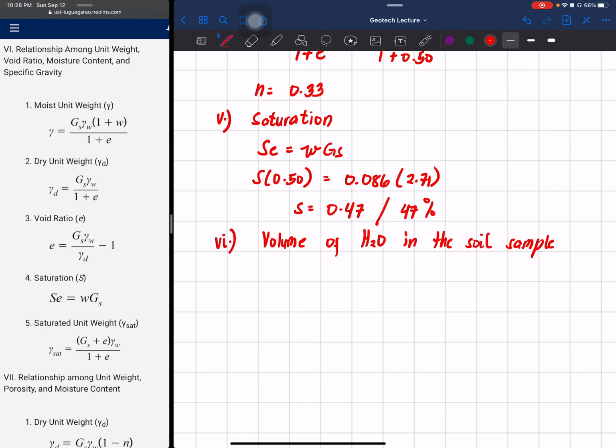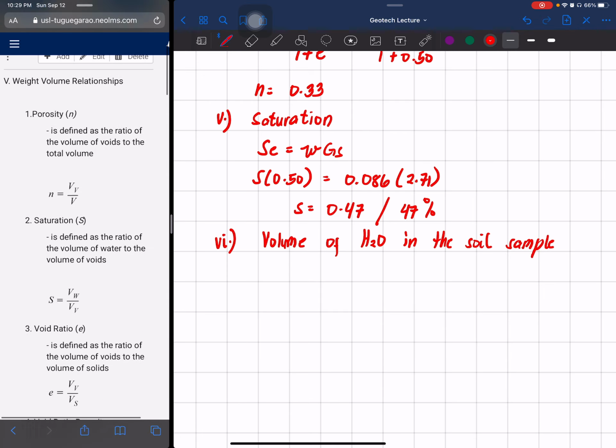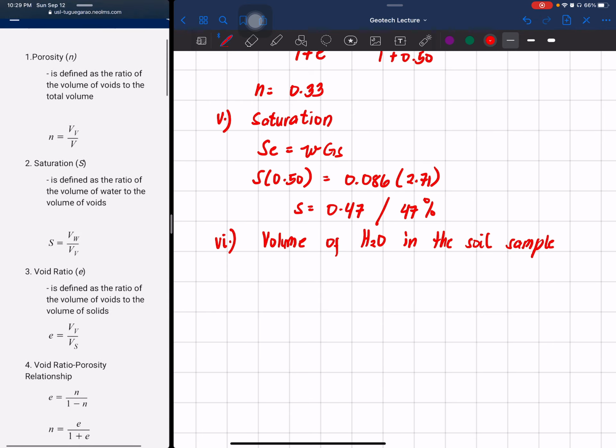We're going to calculate the volume of water. We can actually use the void ratio because the void ratio is actually the volume of voids over the total volume. So let's see what formula we can use in here.